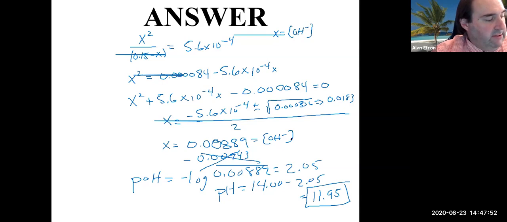Any questions on where any of those numbers came from, why we did anything, any questions that you may have? Yeah, so it was on the previous slide here, so we can go back a slide.